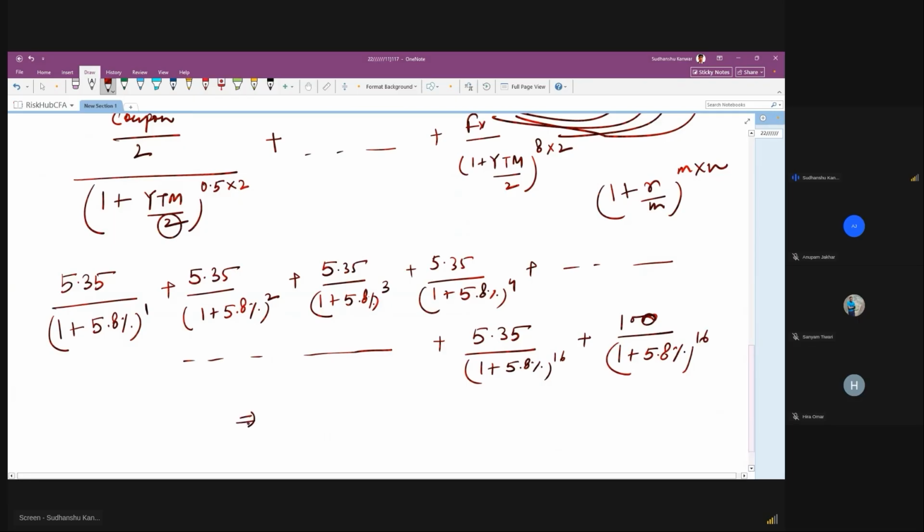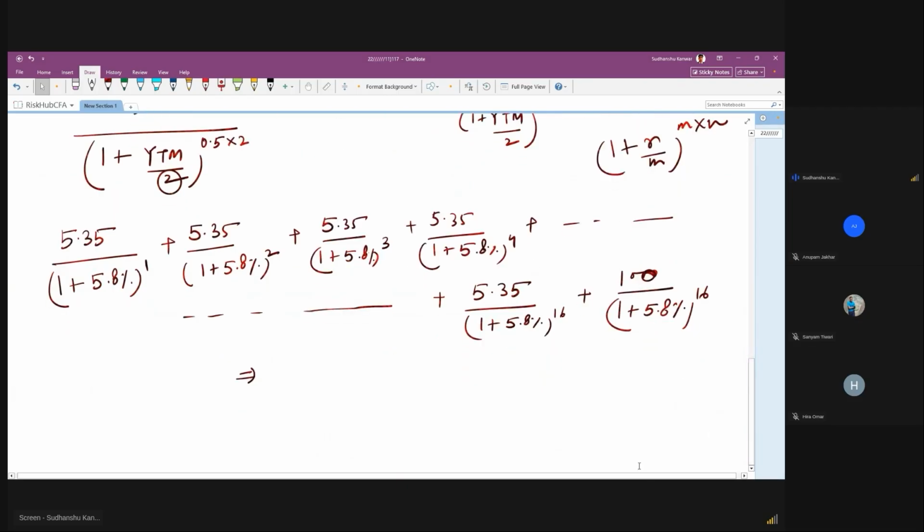This equation you have to solve on your calculator, because if you try to solve it by pen and paper, it will take a lot of time. That's how it will be done.